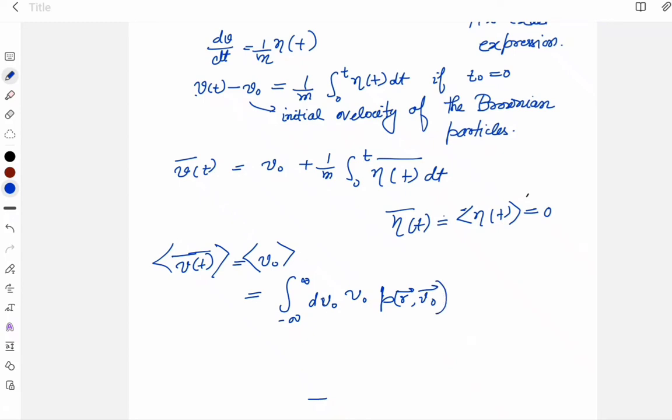This is the average over all initial velocities. But since this is a symmetric function and the integrand is odd under v, the integration goes to 0. So the average of vt is 0, which is obvious because the mean velocity is essentially 0.